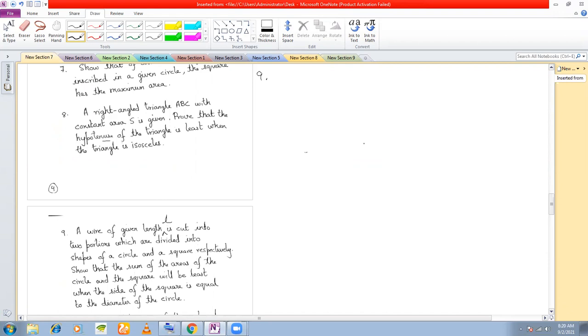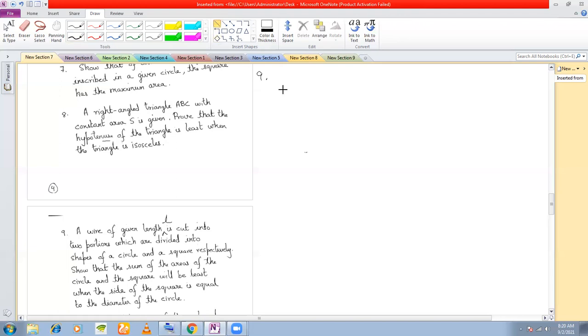I think I forgot. A wire of length L is cut into 2 portions which are divided into shapes of a circle and a square respectively. Show that the sum of the areas of the circle and the square will be least when the side of the square is equal to the diameter of the circle. Okay, so you have a wire here.